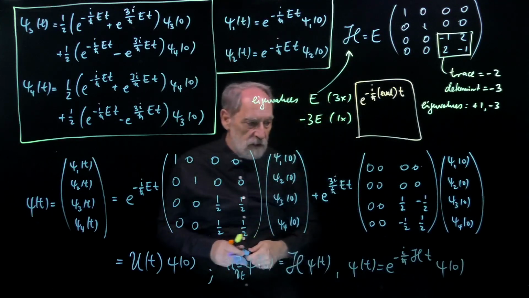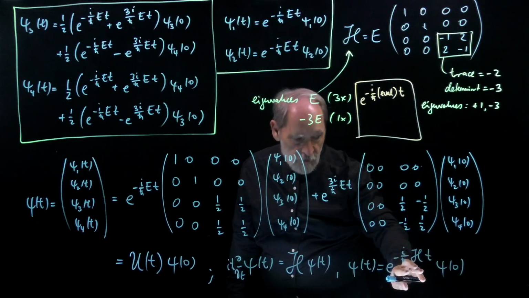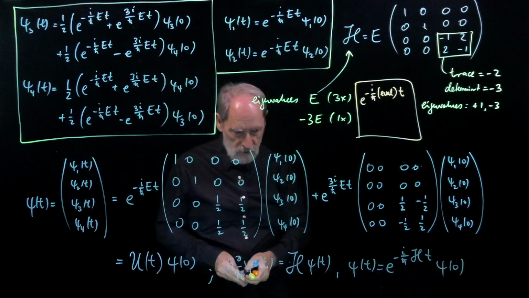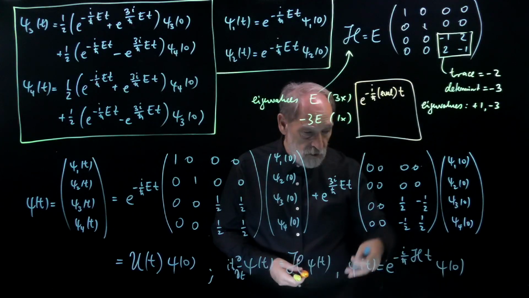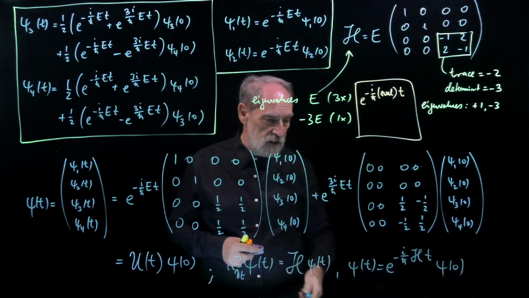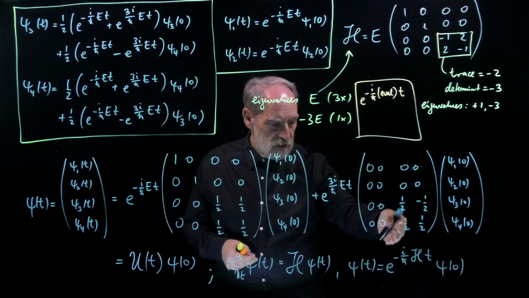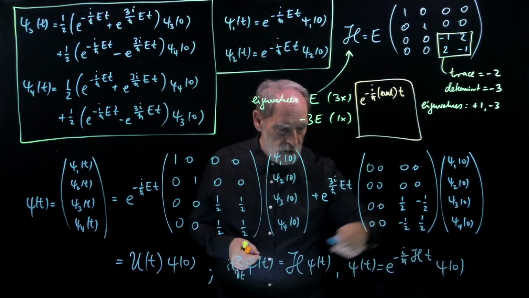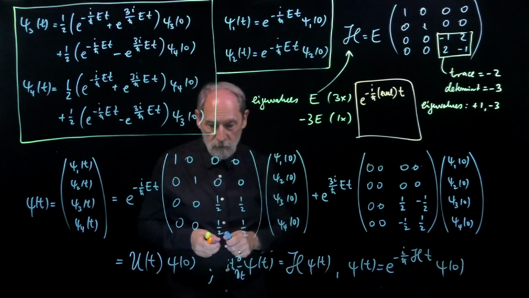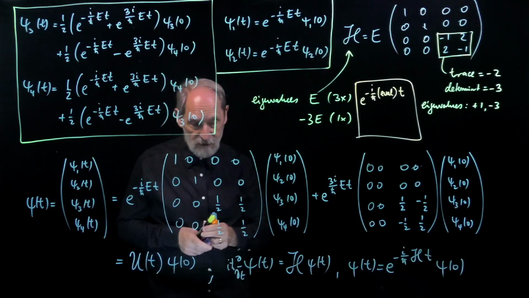It may be a bit unusual to have an exponential factor of a matrix, but it's actually not so peculiar, because the exponential function we can always think of as a Taylor series, and then you just get the identity minus i over h bar H t, and then half the square of the exponent, and 1/6 the cube of the exponent, and so forth. You add that all up.